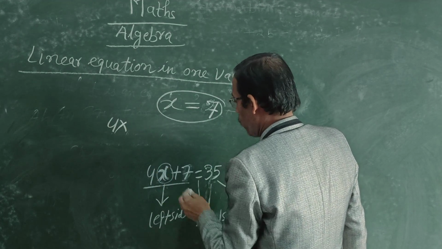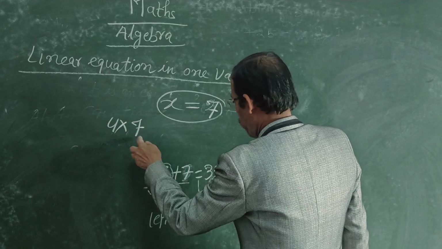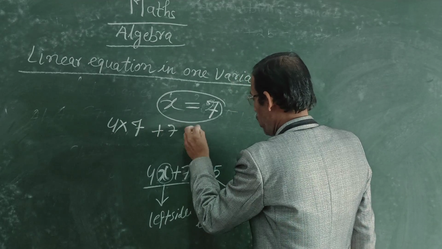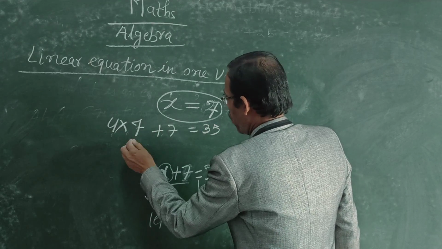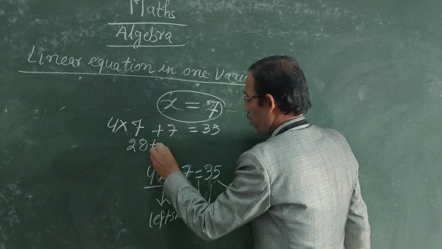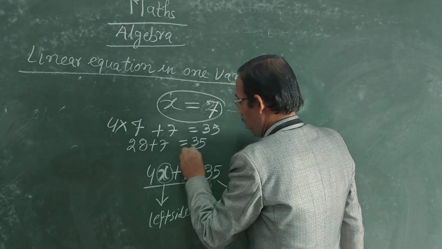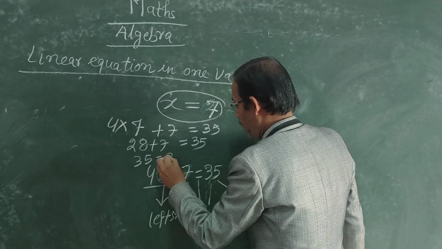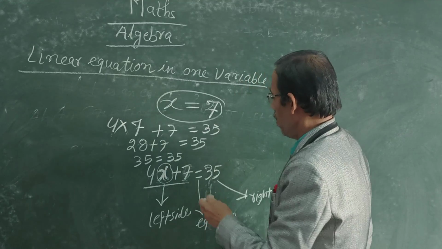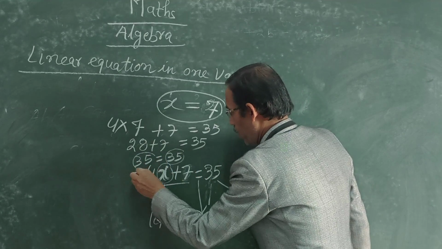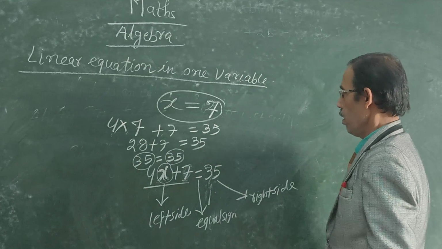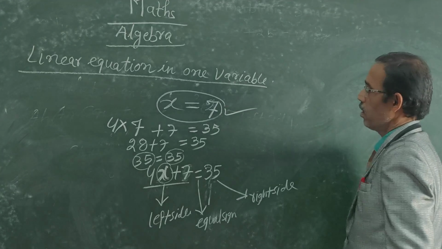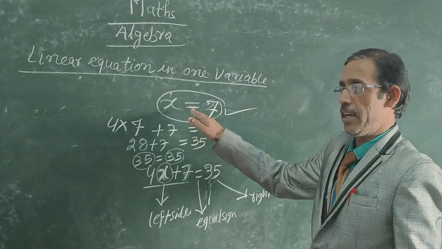So put this value here: 4 into 7 plus 7 is equal to 35. 4 sevens are 28, plus 7 is equal to 35. So 35 is equal to 35. Here we see that the two sides are equal. So this answer, this solution, is correct.